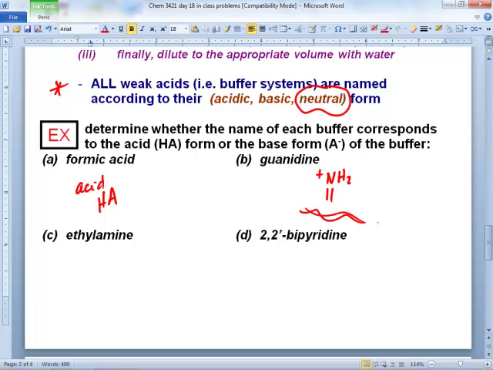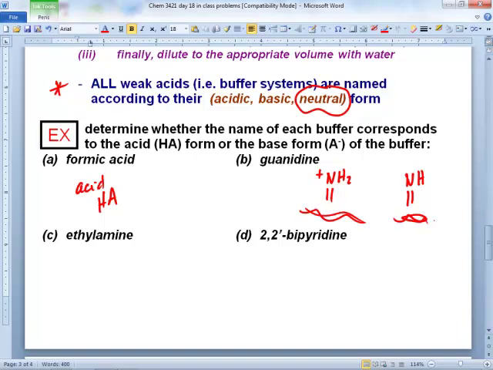So the name is always the neutral form. How do you make the guy neutral? He's going to have to lose an H plus, because that's what conjugate acids do. Then you made him neutral. That's the neutral form. Is this the conjugate acid or conjugate base?